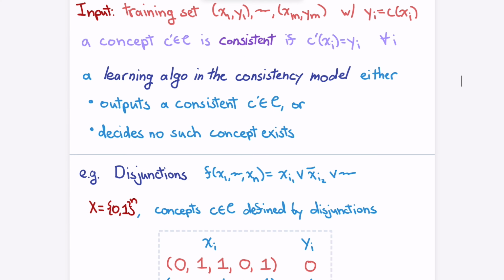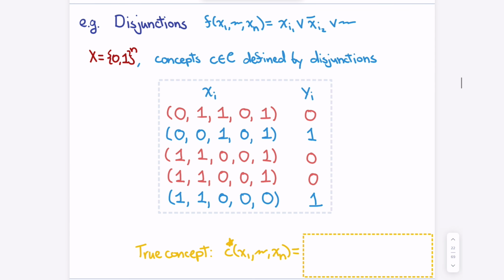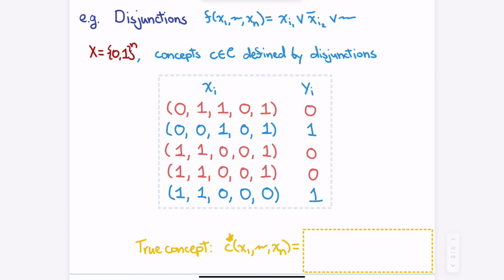Okay, so let me give some examples to make it concrete. Suppose we're looking at disjunctions. A single piece of data, let's say here, has 5 binary features, 5 Boolean things. And there's some unknown disjunction, like A or B or not C, that gives the label.